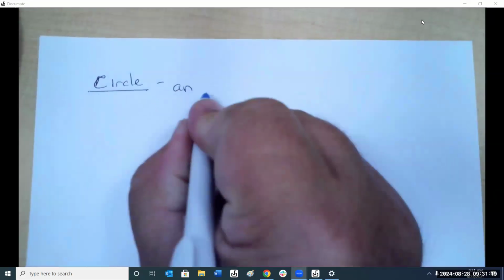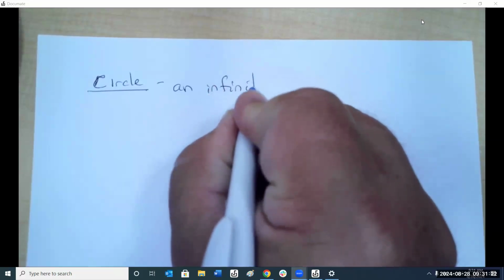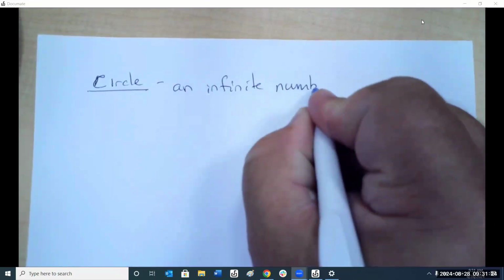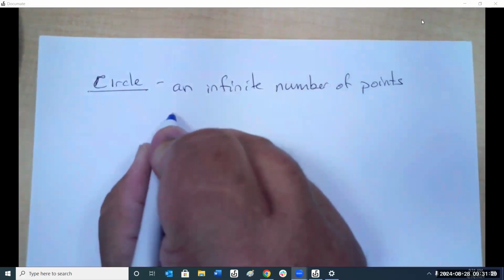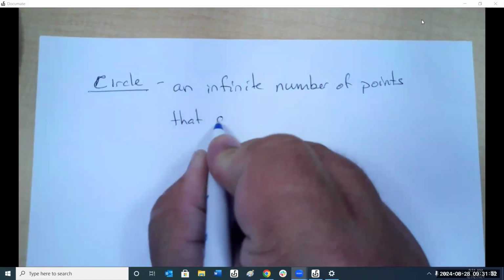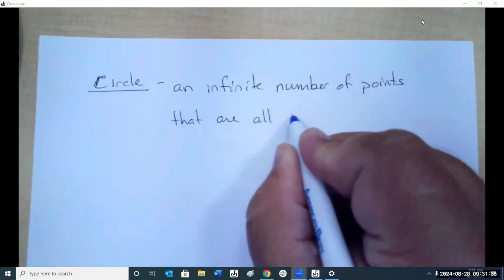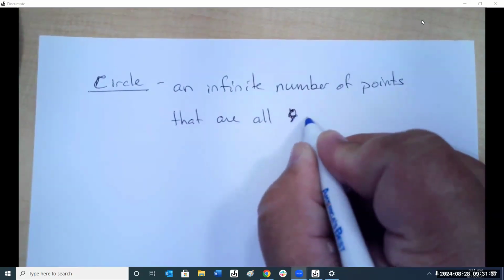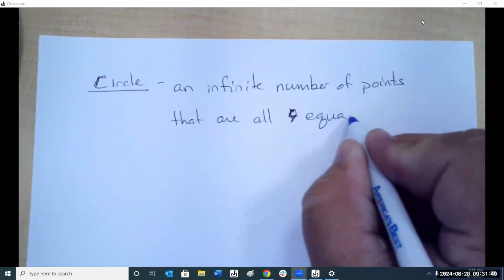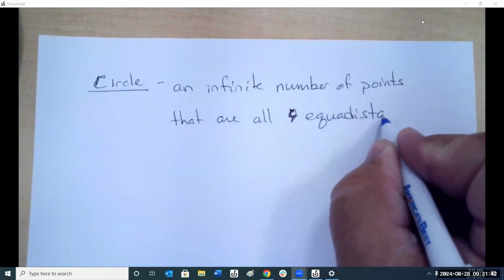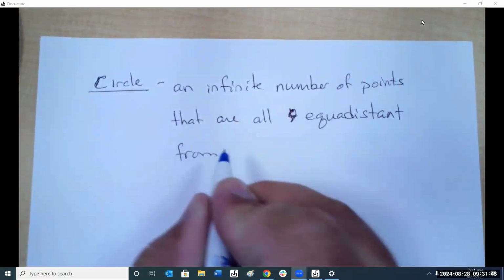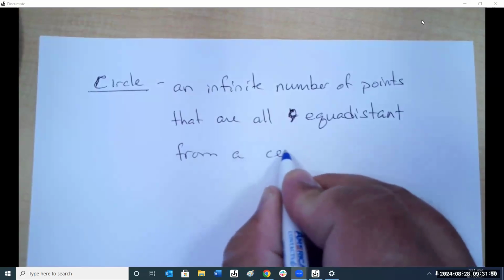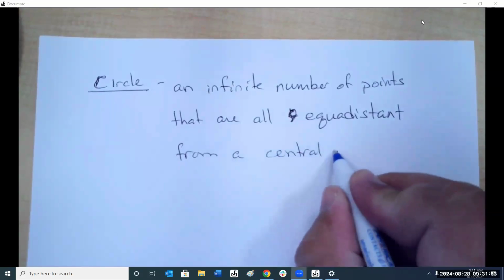Yeah. A circle is actually an infinite number of points that are all, I'll use the math word, equidistant from a central point.